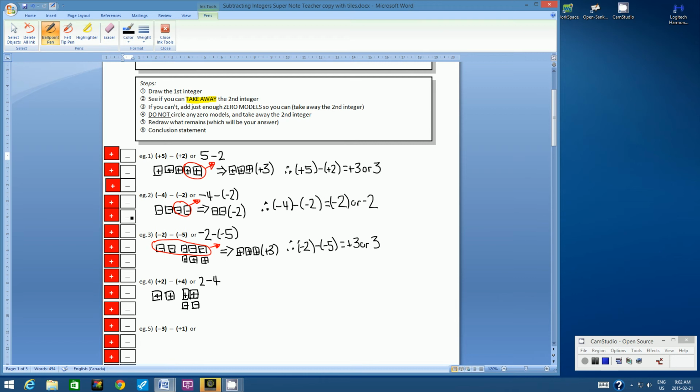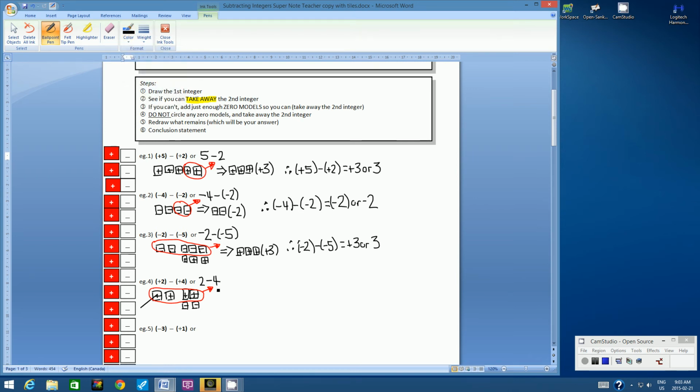All right, step number 4, do not circle any zero models and take away the second integer. Okay, so what I am going to circle is the 4 positive tiles, which represent the second integer that I'm going to remove. Okay? All right.